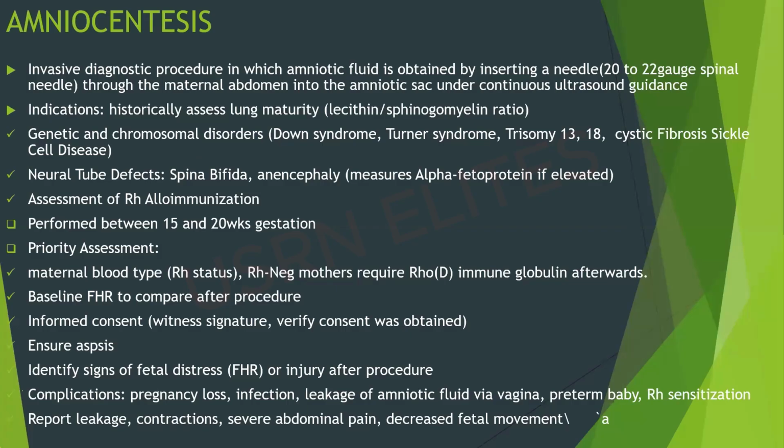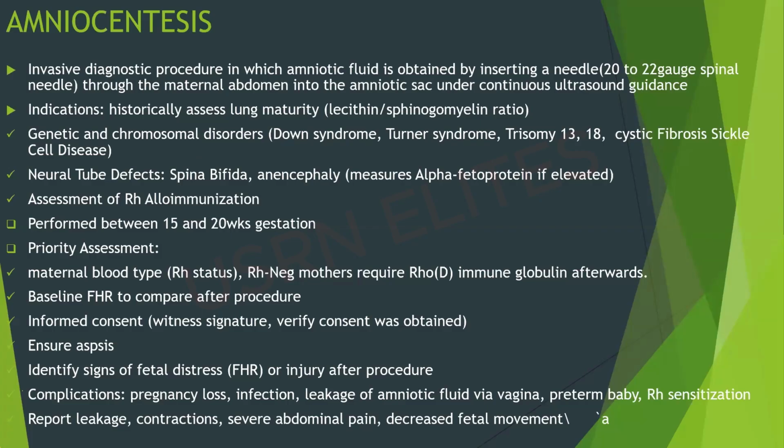Because if this agglutination occurs, you know what is going to happen. It can lead to infection, as I was mentioning, and leakage of amniotic fluid through the vagina. So once again, you should also assess. If you see any signs of infection, what do you do?